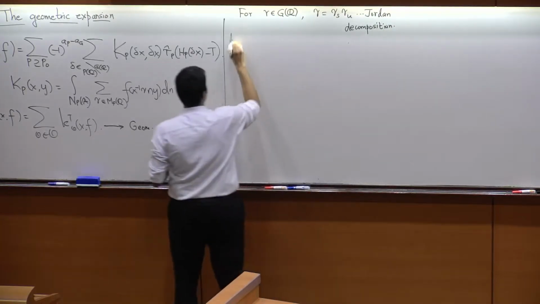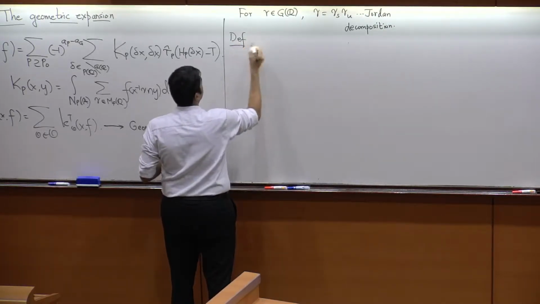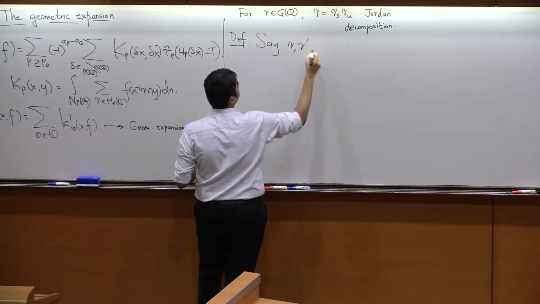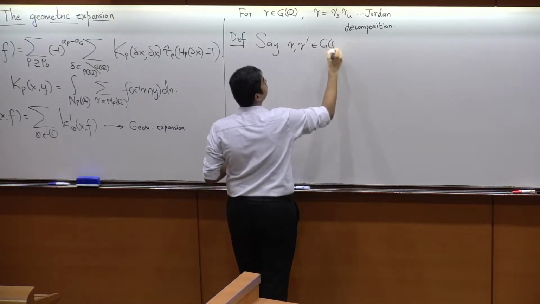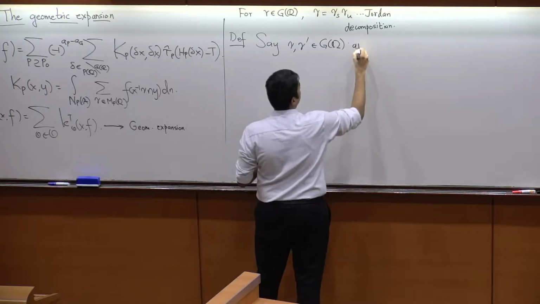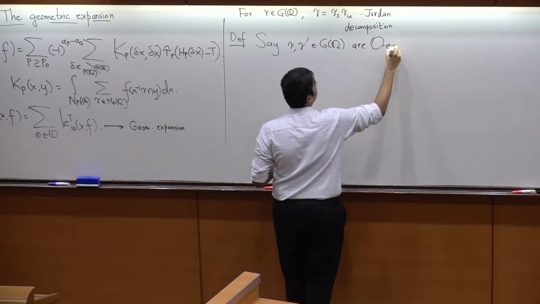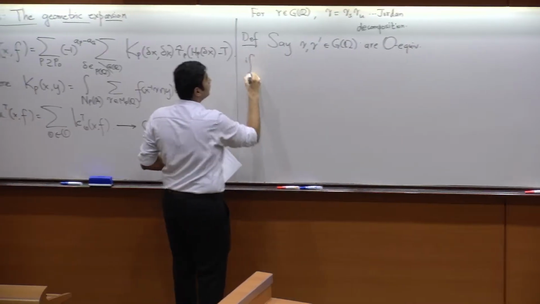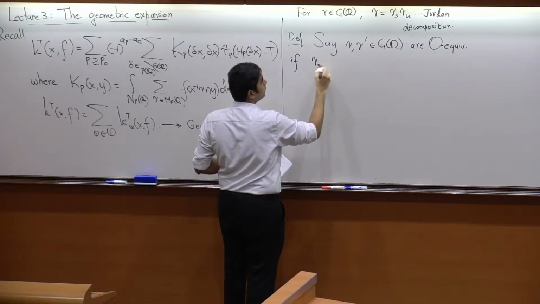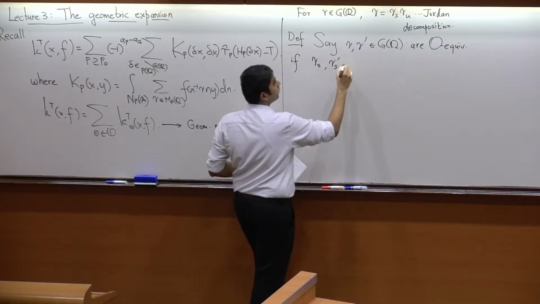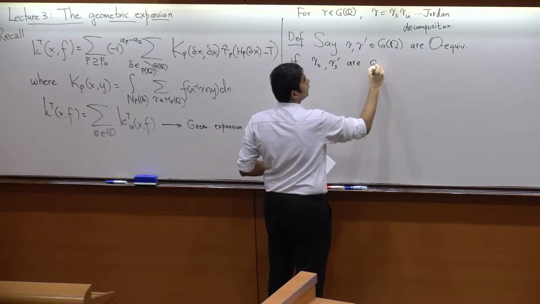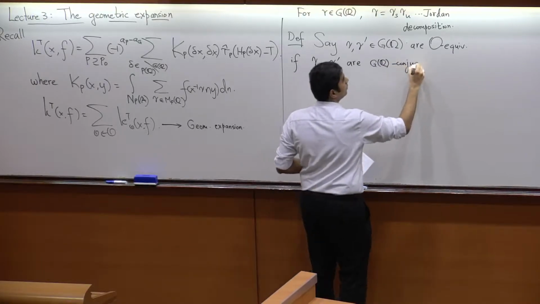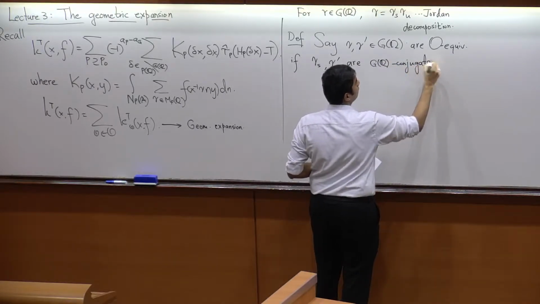Now the definition of this O is the following. Say two elements gamma and gamma prime in G(Q) are O-equivalent if their semisimple parts, gamma_s and gamma_s prime, are G(Q)-conjugate.